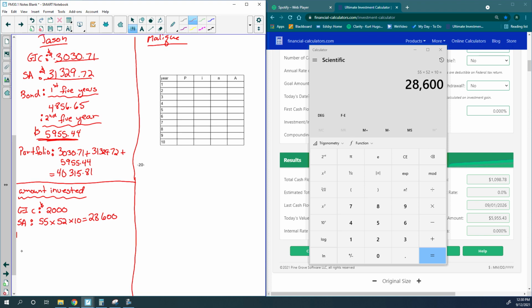And then for the bond, the initial amount he invested was the $4,000. So to figure out the total, we take each of those and add them together: the 2,000 plus the 28,600 plus the 4,000. Oops, I missed a zero there. So that works out to be $34,600.